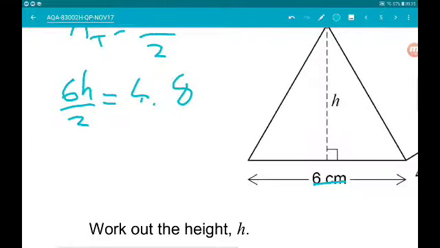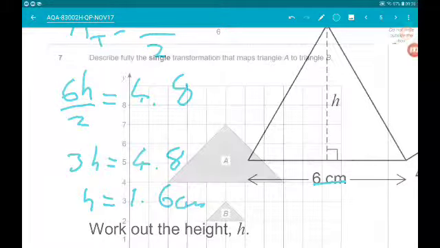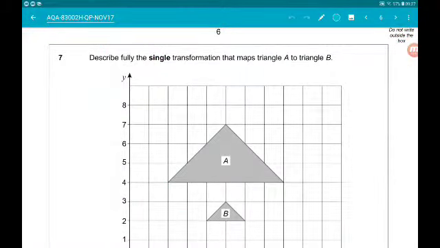On the left, 6 over 2 is 3, so 3h is 4.8. Divide by 3, h is 1.6 centimetres. Cool.